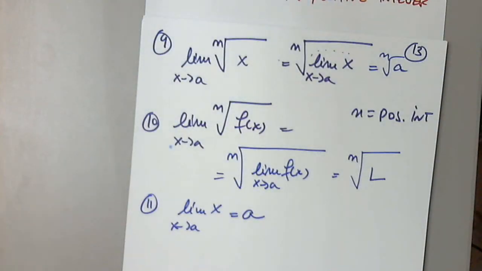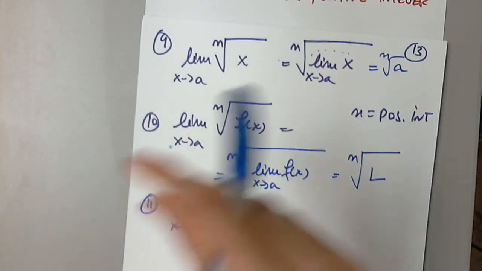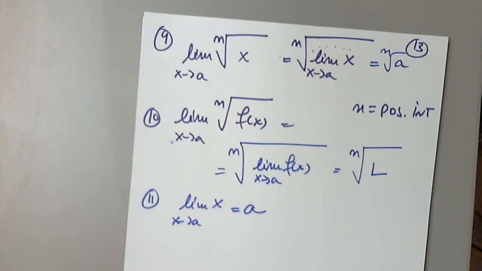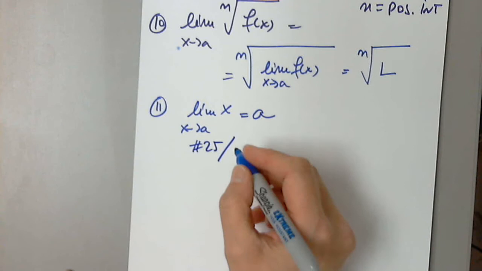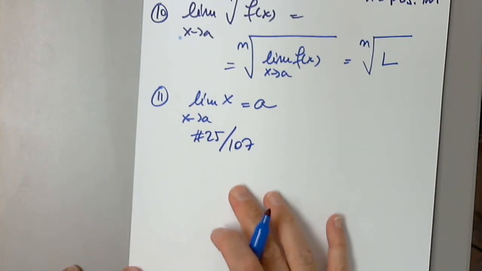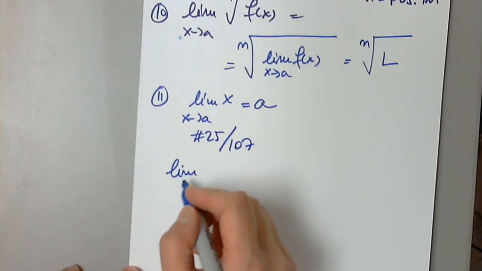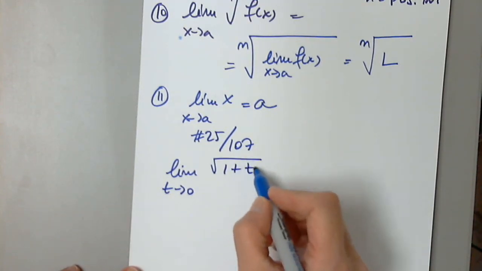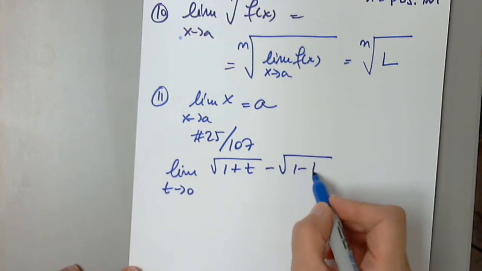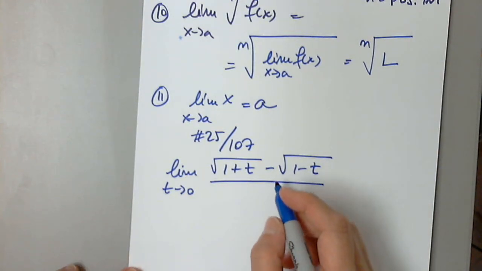Yes, 25, very good. Let's do 25 and then we stop. 25 on page 107. We are given the limit as t approaches 0 of the square root of 1 plus t minus the square root of 1 minus t, divided by t.